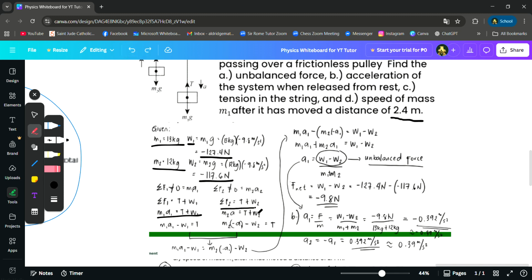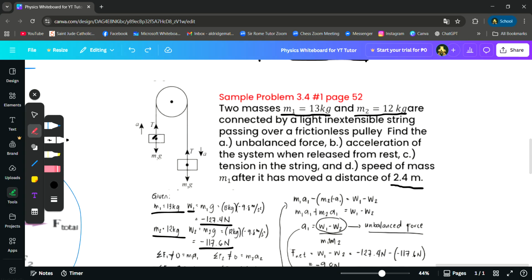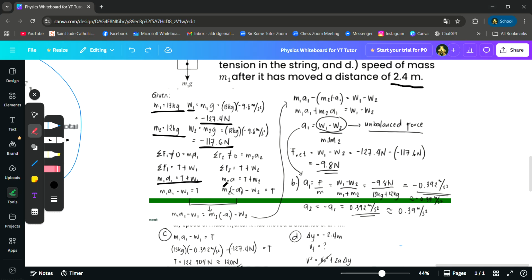Same thing with mass 2, except the acceleration is negative a, because they're just moving in opposite directions, so the negative direction.